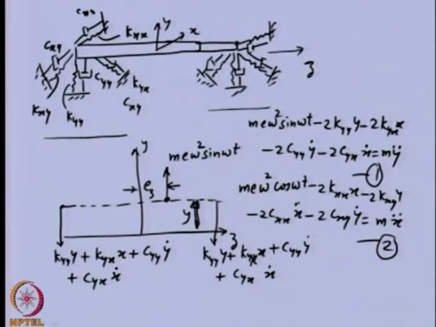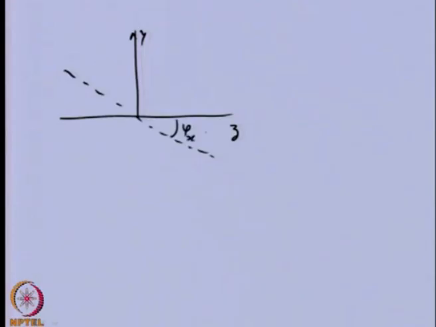Now on the same line we can go for the tilting of this particular rotor. I am drawing the free body diagram in the y and z plane. The positive tilting direction is from y to z, and this is the tilting angle phi x, because that tilting is about the x axis.